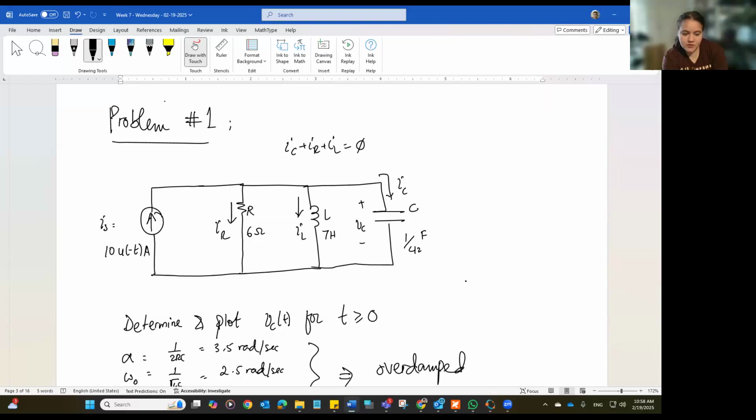We don't have the current source, so it would be the discharge from the capacitor. In terms of the variables that you see on the circuit, anyone, what is the voltage across R? The voltage across R, not IR.